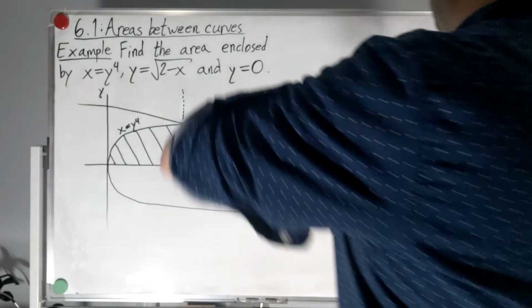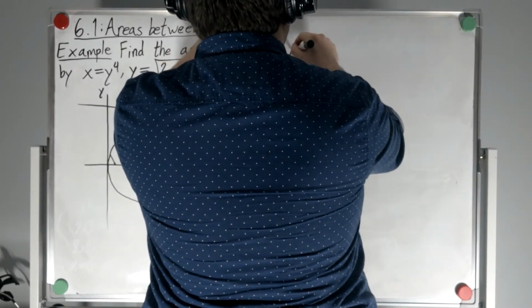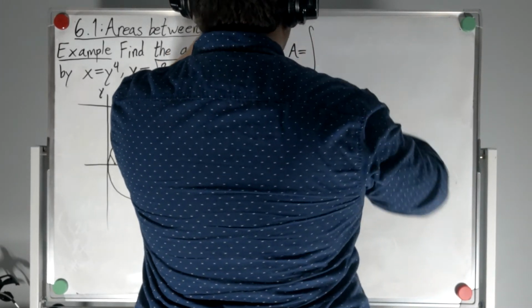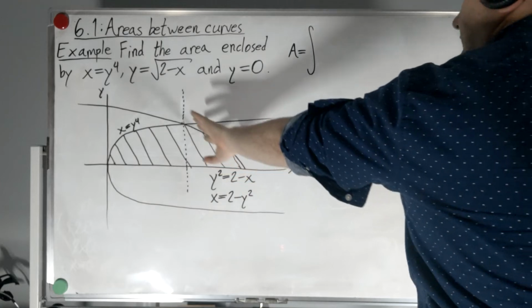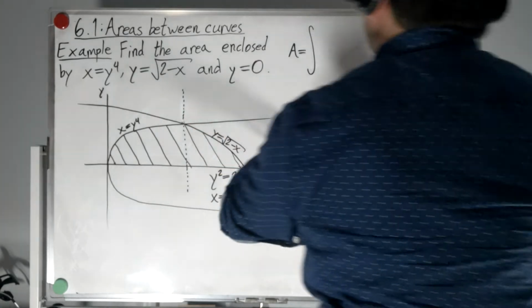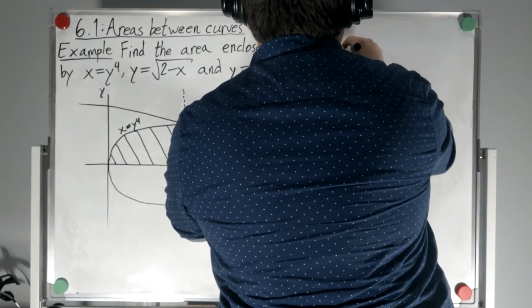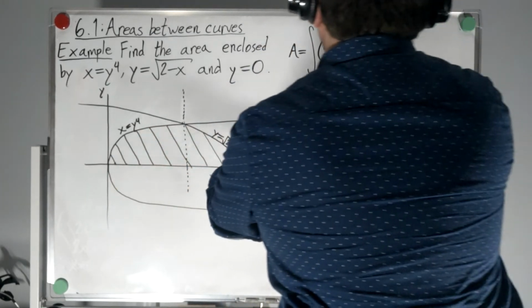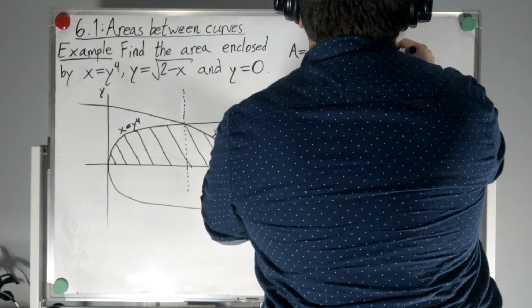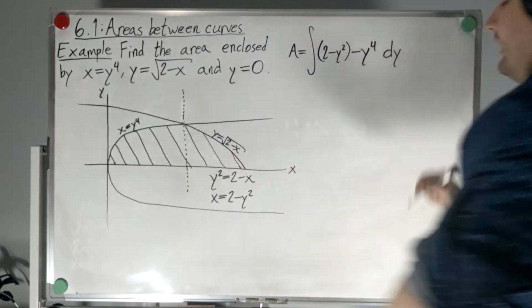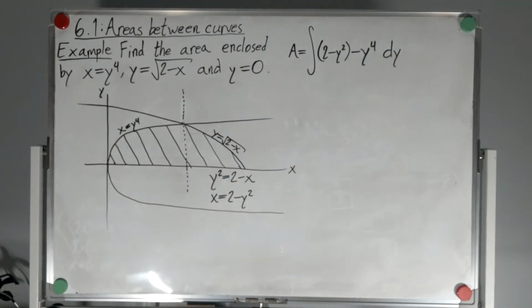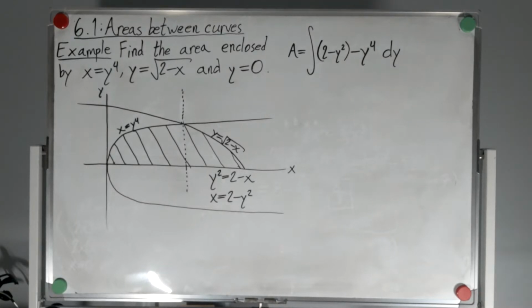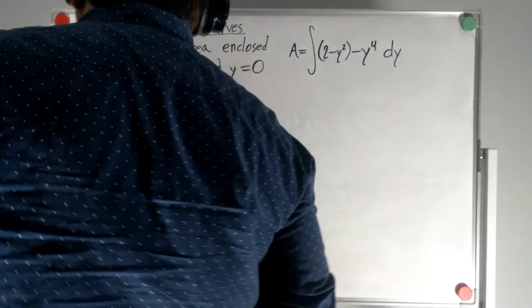So then in that case, the area is going to be the integral of the ceiling, which is 2 minus y squared, minus the floor, which is y to the fourth. And this is integrating along the y-axis, so we have to have dy. And then the bounds, we need to figure those out too.